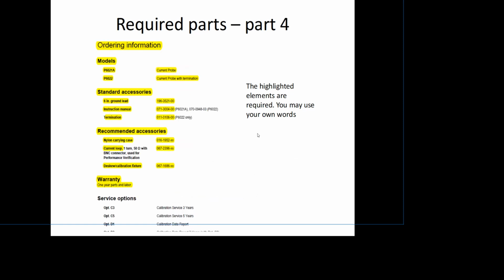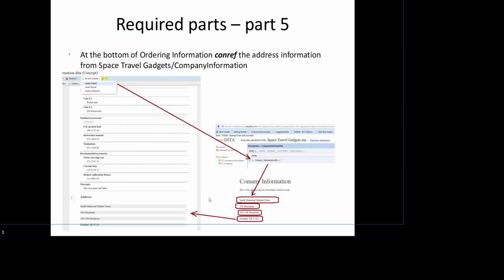Part 4 will be to create some kind of ordering information, again using tables or the most appropriate DITA elements. And then part 5 will be to use a conref. This is single sourcing and reuse. This is one of the very strengths of DITA.